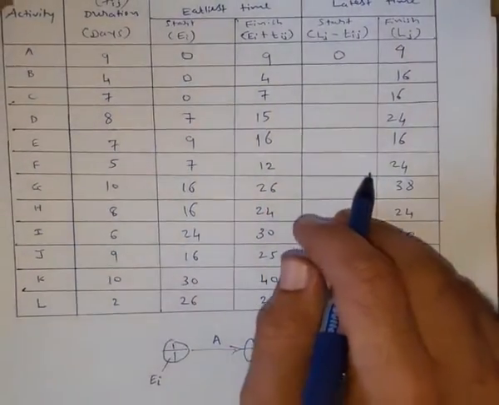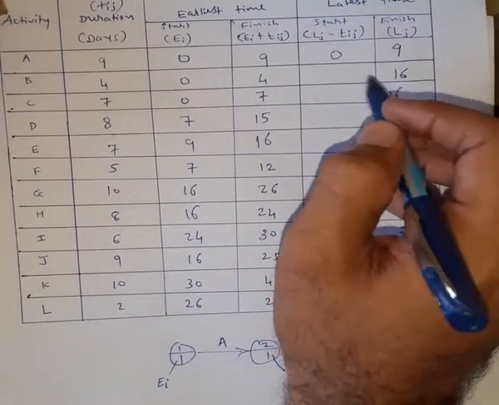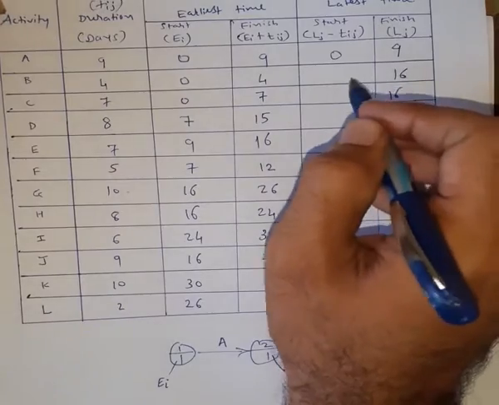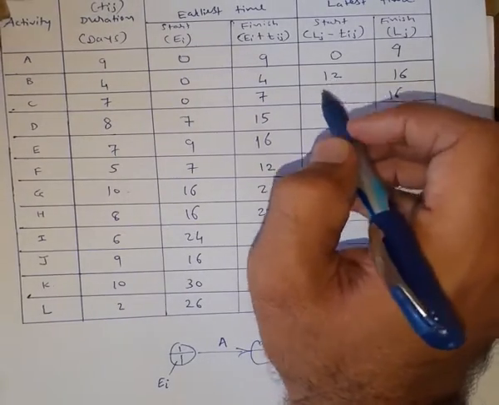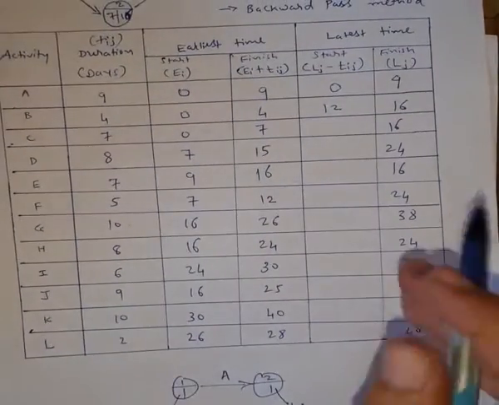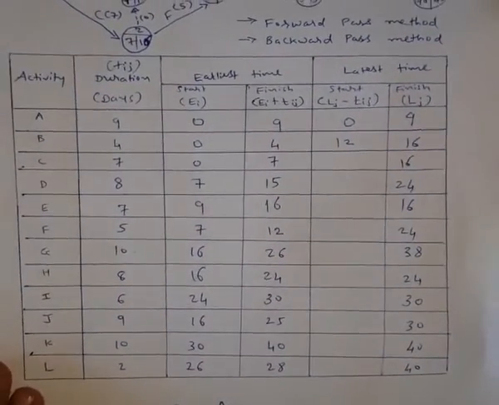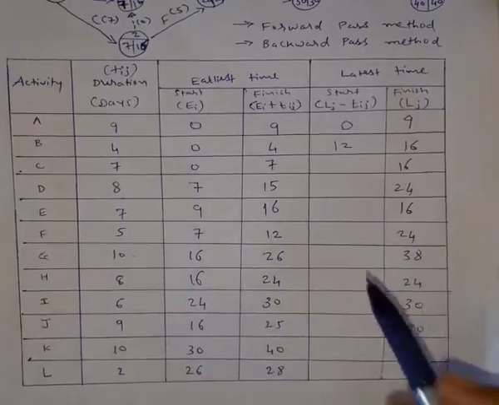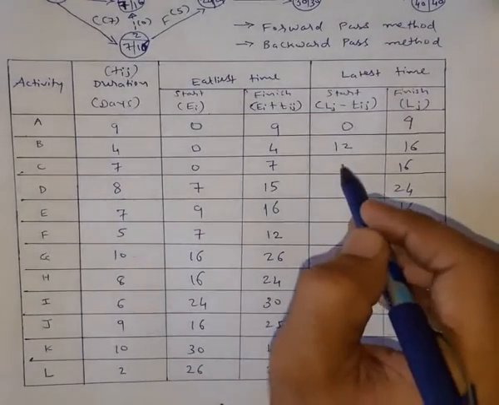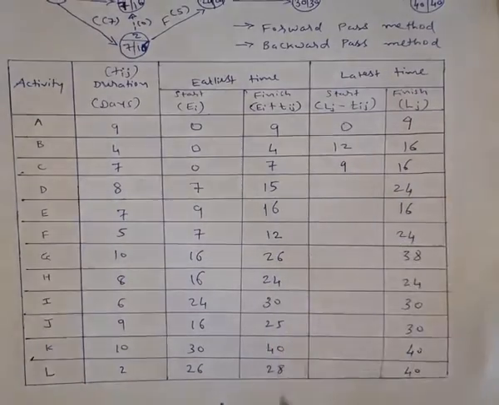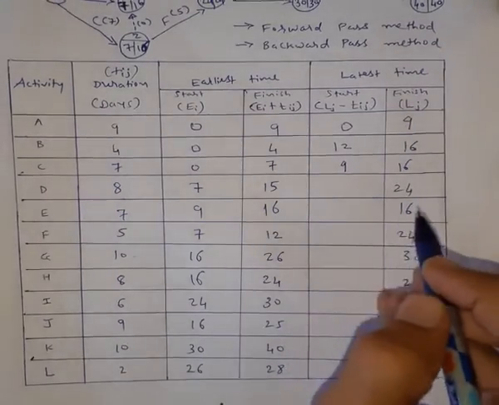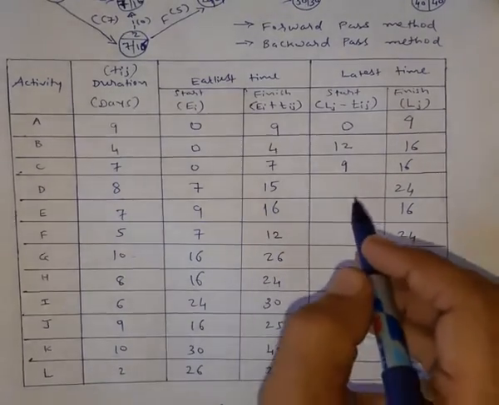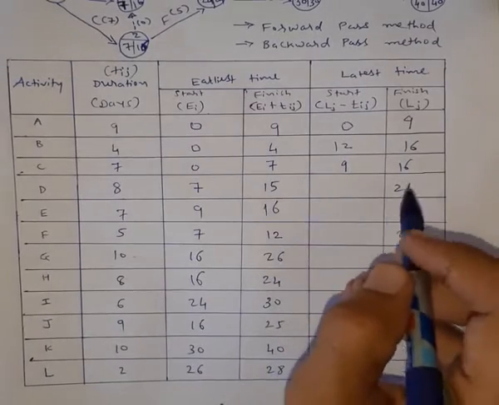For activity B, it is 16 minus 4, so that is 12. For activity C, it is 16 minus 7, so that is 9. For activity D, it is 24 minus 8, so that is 16.